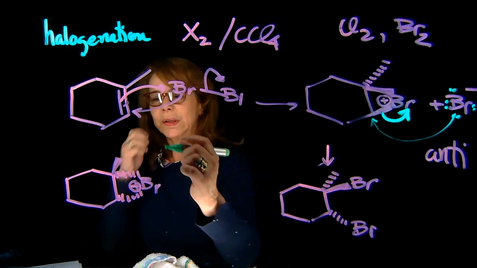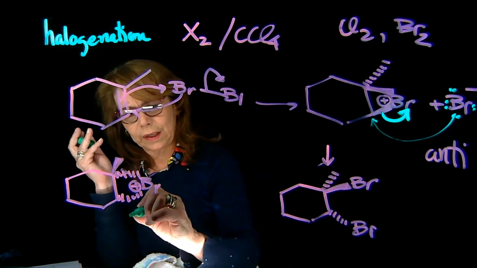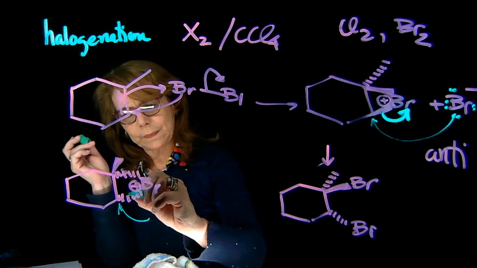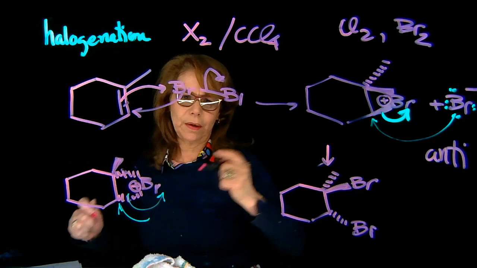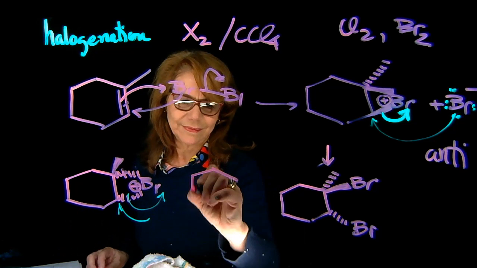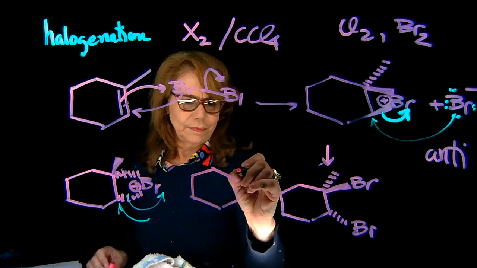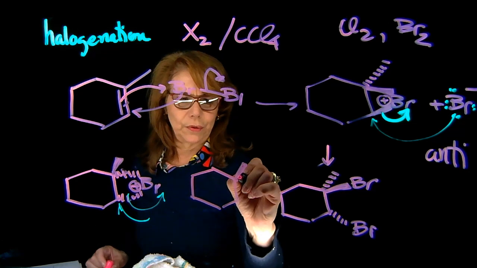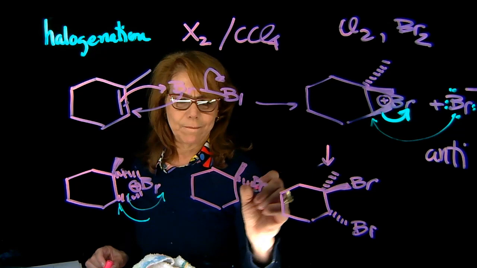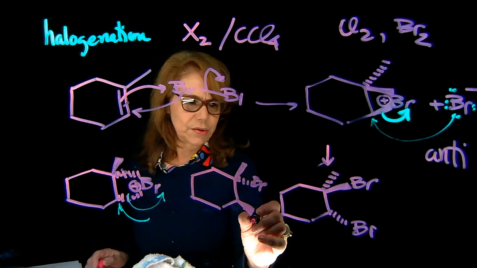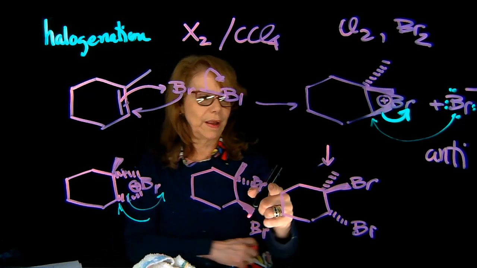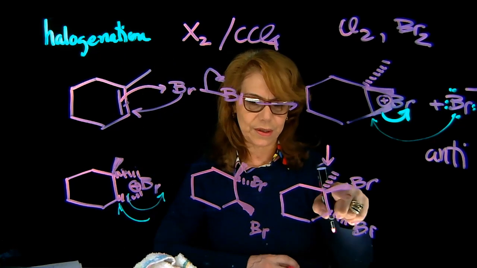So if you're doing this, say that you're attacking, you will make another product. That product is the following. You have now bromine, and here you will have the opposite side. Notice that this chiral center here is inverted.